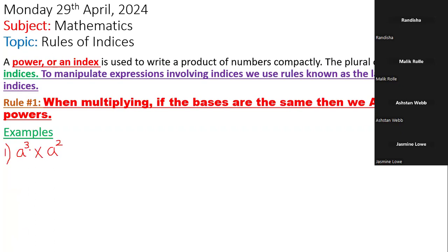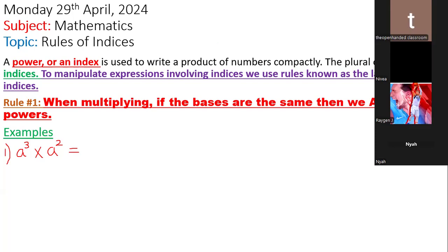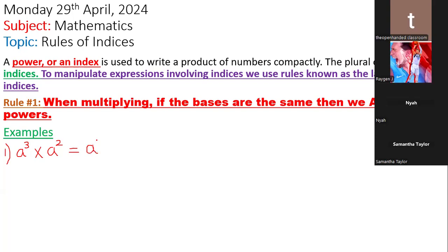What would that be if we were to multiply it? Remember, if the bases are the same, we have to add the powers. So what are we going to do for this one? We're going to add 3 plus 2, and so this is going to be a to the power of 3 plus 2. Yes, 5. So we add 3 plus 2, and that's going to be a to the power of what?